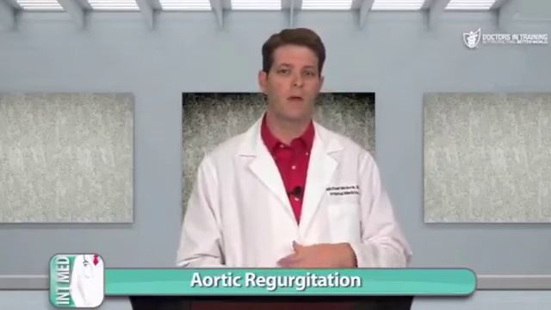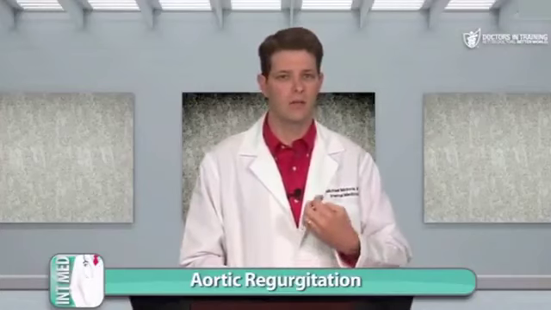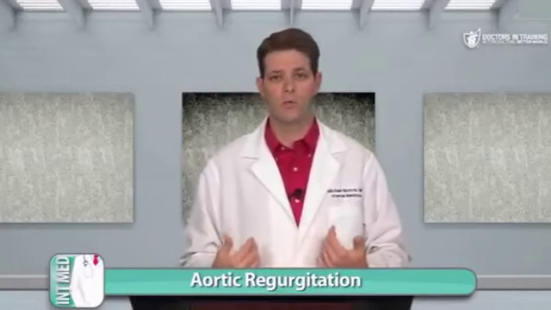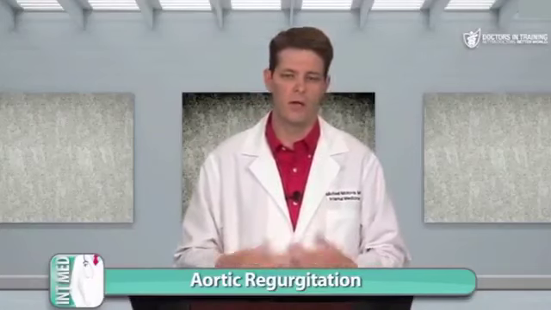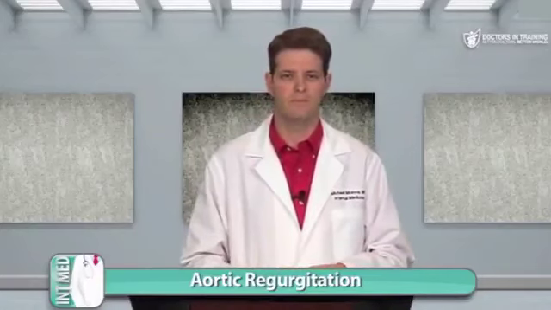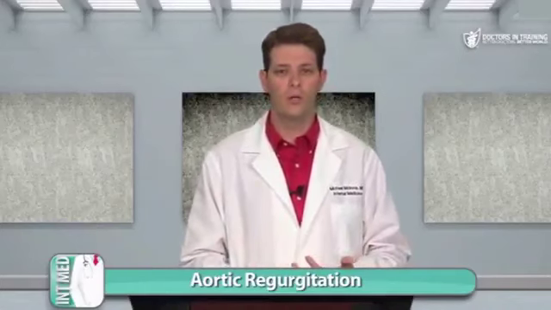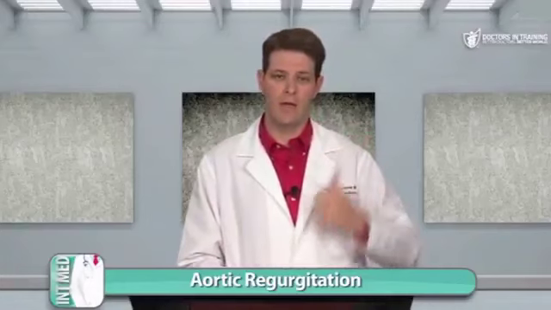Now when we talk about acute aortic regurgitation, we're talking about acute endocarditis that can destroy the valve leaflets. You can talk about aortic dissection, which causes an acute aortic root dilation, and then trauma can also cause some aortic regurgitation. So the pathophysiology of aortic regurgitation, basically you have volume overload of the left ventricle because volume that's supposed to be ejected back out into the aorta is regurgitating back into the left ventricle.